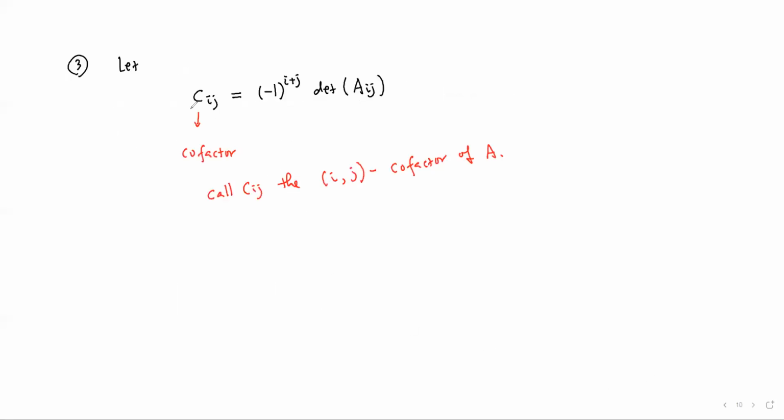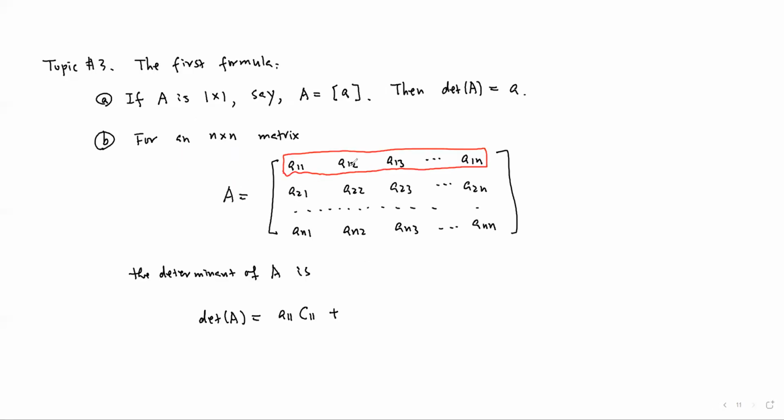C11 is defined here, it is a number. Plus A12 times C12 plus A13 times C13, and so on, the last entry A1n times C1n. That's it. The formula is very easy to remember: entry times cofactor, and then make a sum.